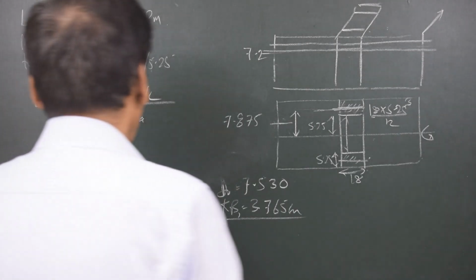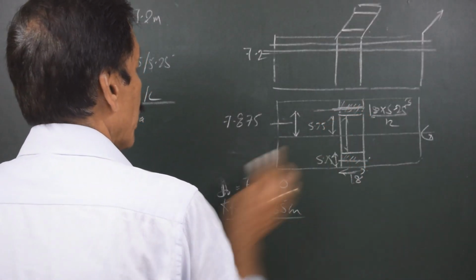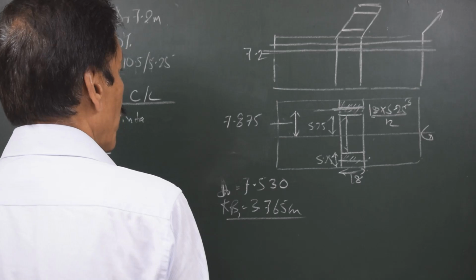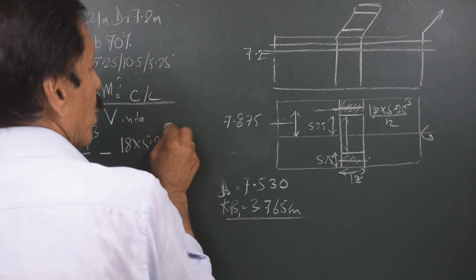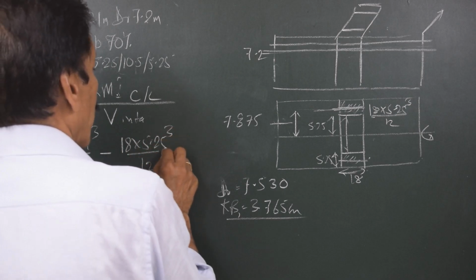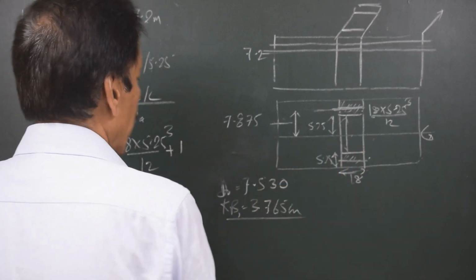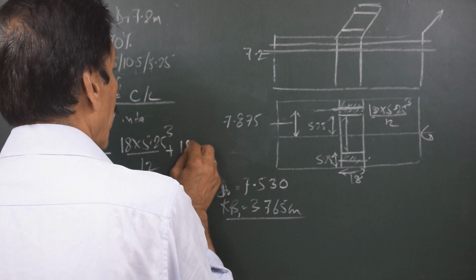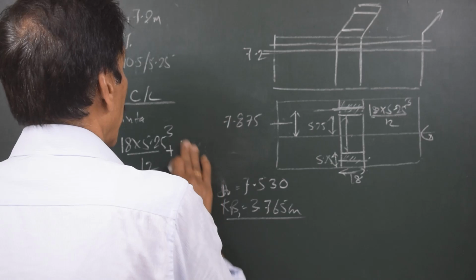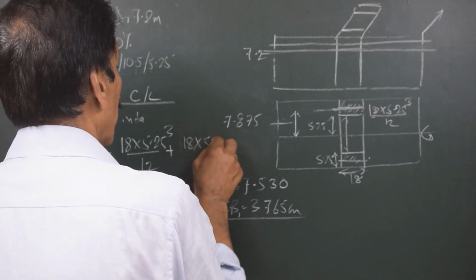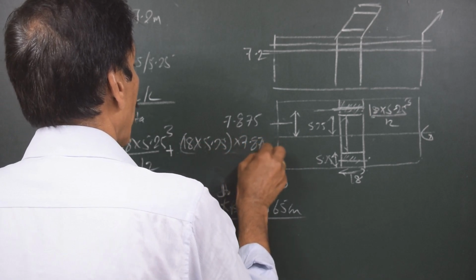So we will remove that moment of inertia which is lost from here and here. The loss about own moment of inertia is 18 into 5.25 cube upon 12, and if I take this to the common center line by adding AD square, it would be 18 into 5.25, that is A, into 7.875 square.